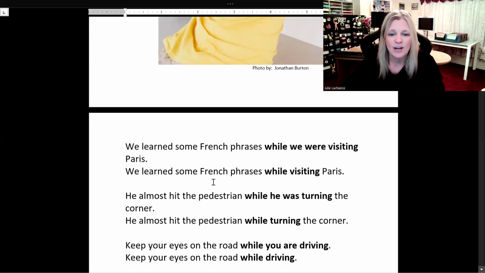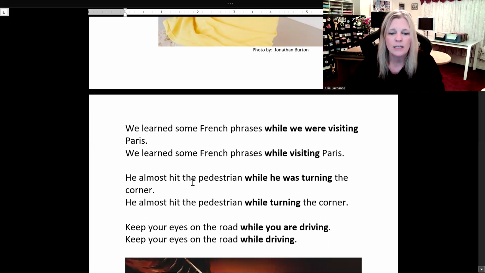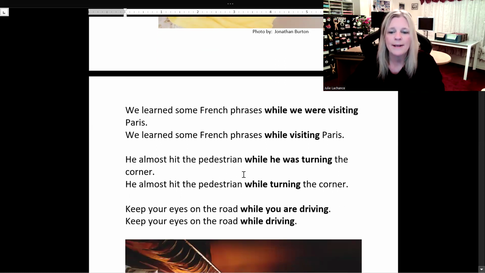We learned some French phrases while we were visiting Paris. We learned some French phrases while visiting Paris. While plus a subject plus a verb. While plus the gerund. He almost hit the pedestrian while he was turning the corner.